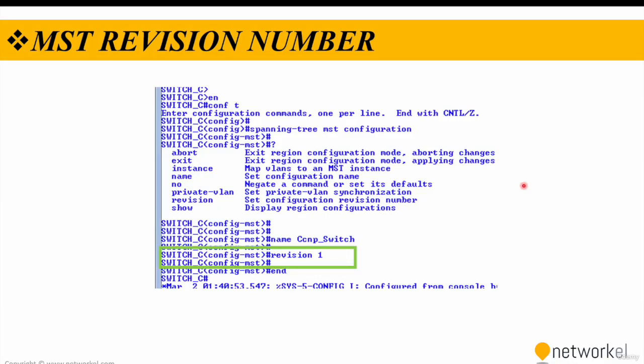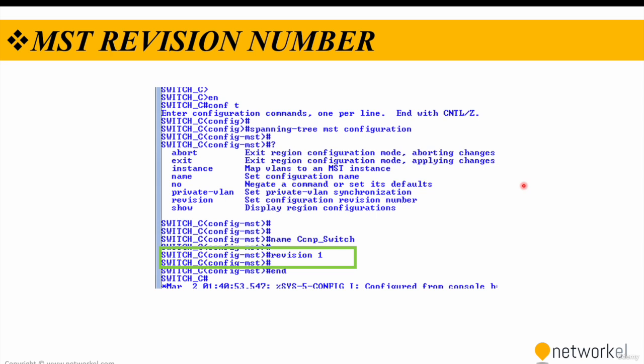And we have something called the MST revision number. The revision number is used to indicate the version of the MST configuration. It helps ensure that all switches within an MST region are using the same configuration and can detect changes in the configuration. So the MST revision number provides a way to track changes to the MST region.